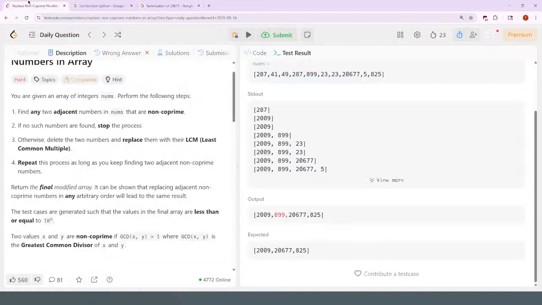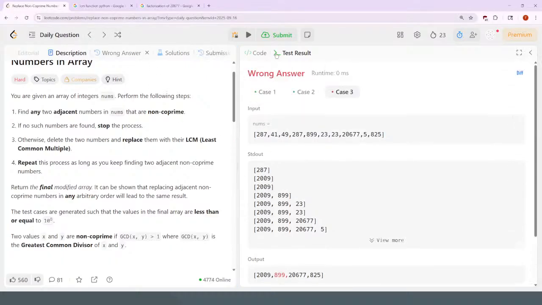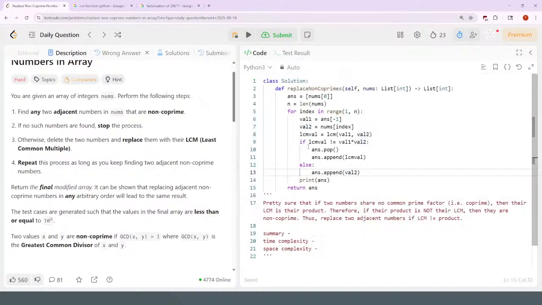Okay, so the issue is, when I do a replacement of a top number onto the stack, I need to double check that it doesn't cascade.